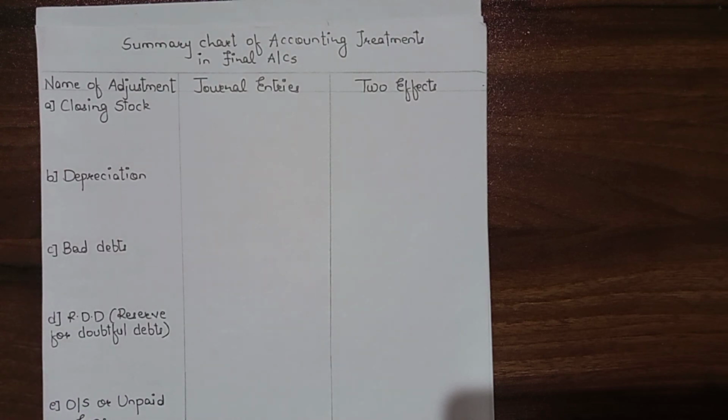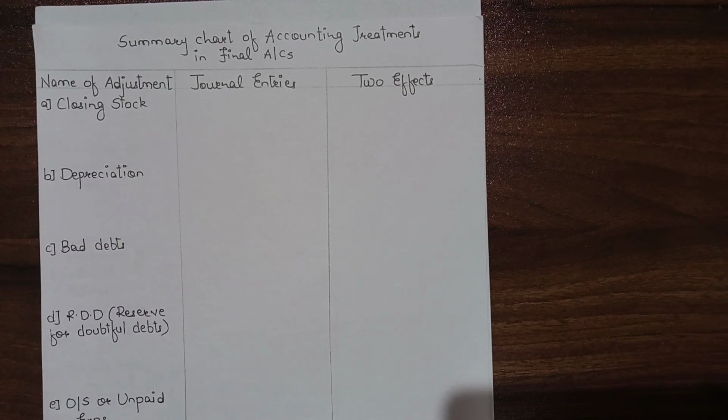So let's start with the first adjustment, that is closing stock. Now we will see the journal entry of closing stock. First you have to take closing stock as a debit balance, and the second posting you have to do is in the trading account.